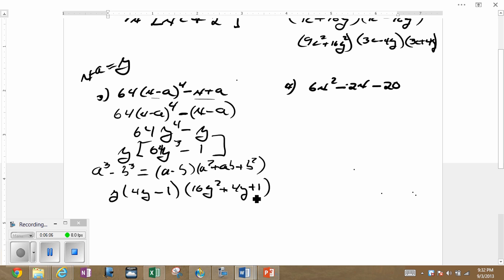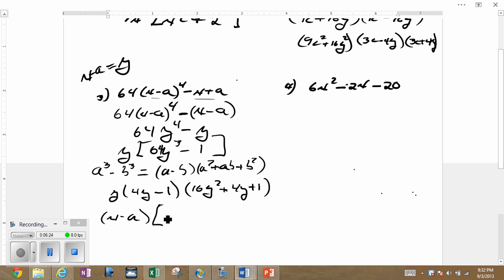But let's recall, the original problem did not have a y, okay? So now we have to return that original y, which was this x minus a expression. X minus a comes back.